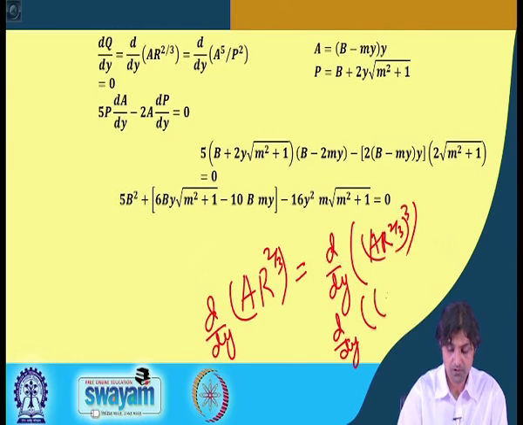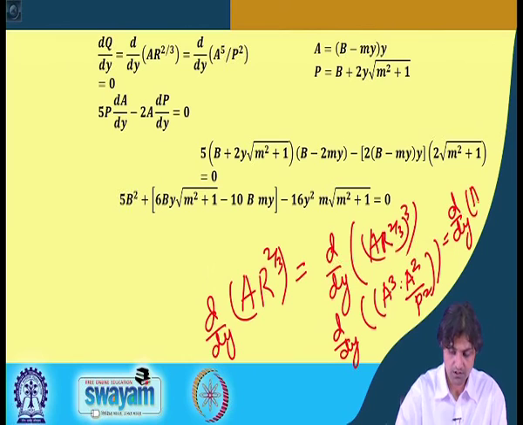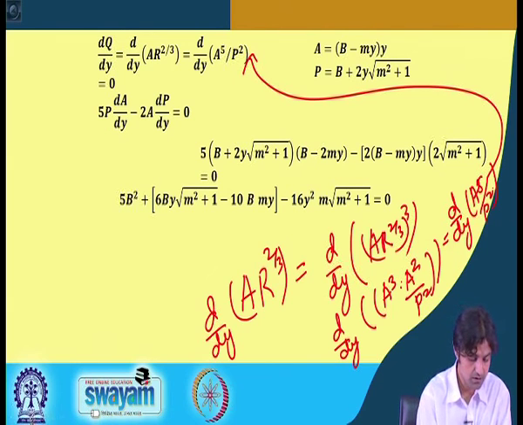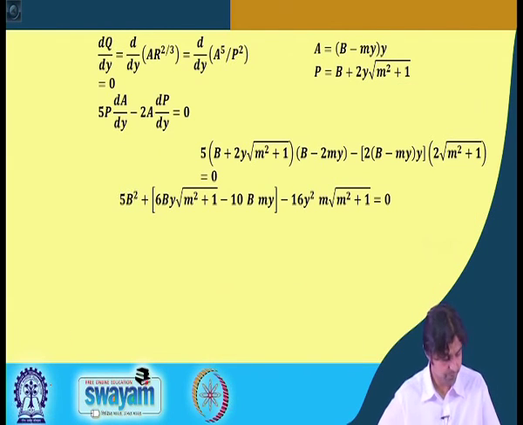So, it becomes A cube multiplied by A square by P square, or d/dy of A to the power 5 by P square, same as what we have written here.